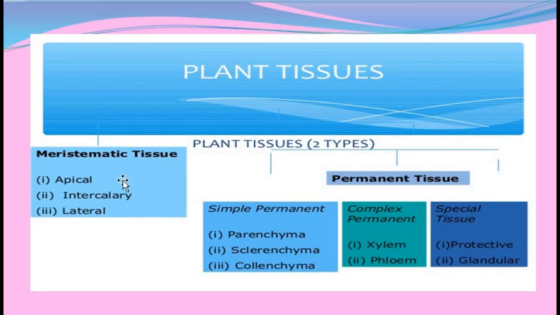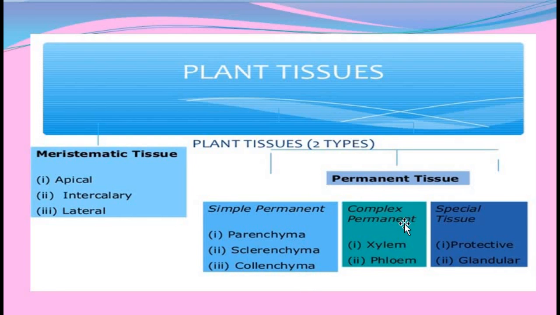Then, coming to the plant tissues, they are mainly categorized into two types. The first category is called the meristematic tissues, which is again subdivided into apical meristems, intercalary meristem, and lateral meristems. The second category is called the permanent tissues. Permanent tissues are again subdivided into three parts. First one is simple permanent tissue, which includes parenchyma, sclerenchyma, and collenchyma.